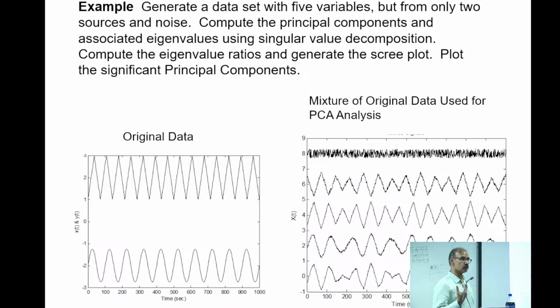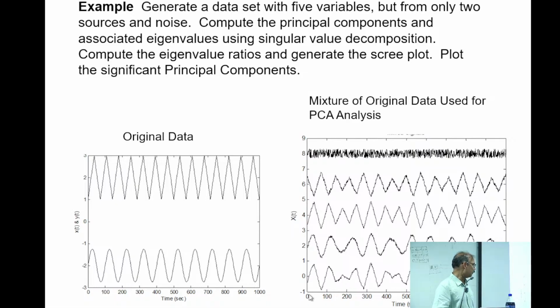Or can you use some other method, right? To do this, we have to use principal component analysis. There are other ways to do it, but the easiest way is to do a principal component analysis of this data, right? And so what are the assumptions?